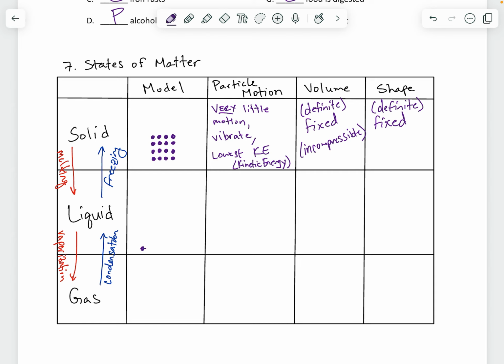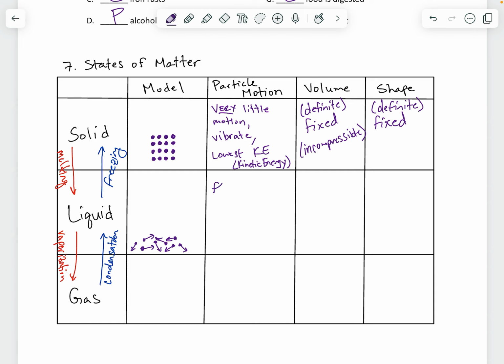Now liquids are able to move a little bit more. They're able to kind of slip and slide past each other. They are fluid now, which means that it can kind of take the shape of whatever container it's in. However, they're still close together, right? They're a little further apart than those solids.